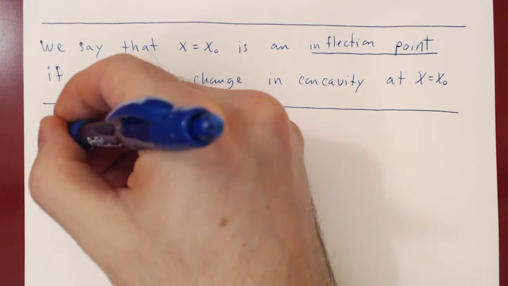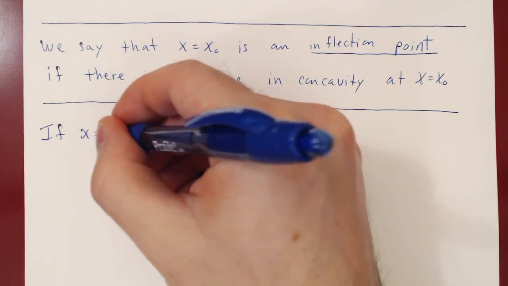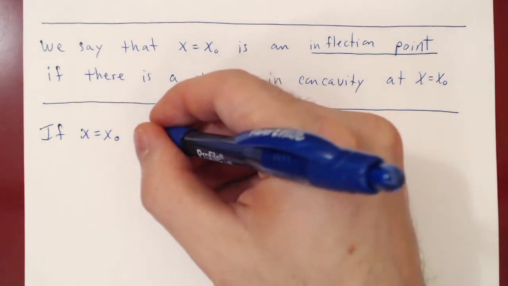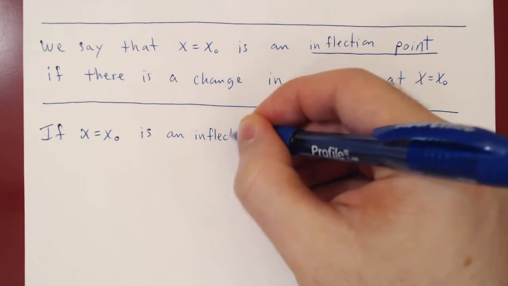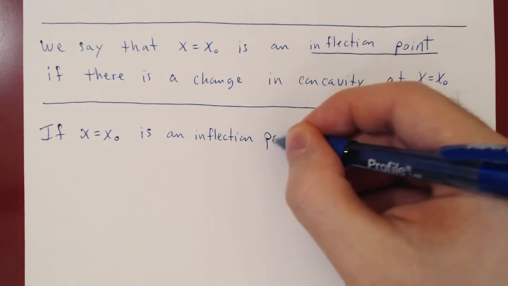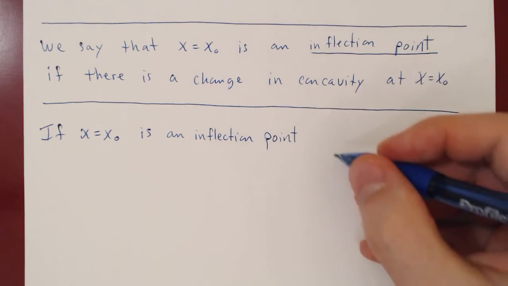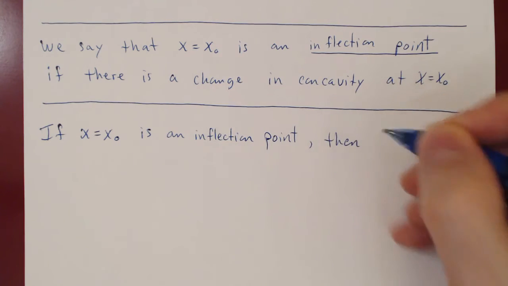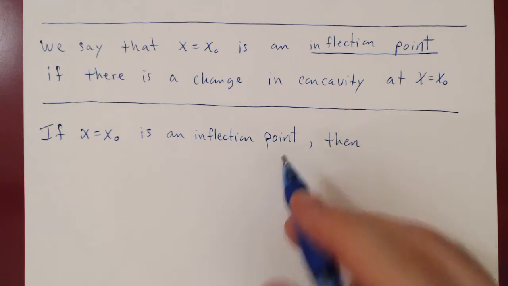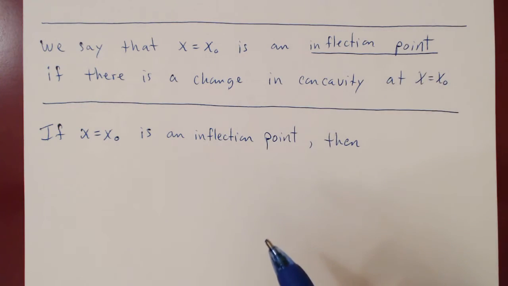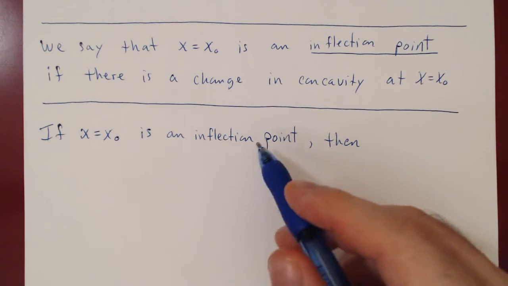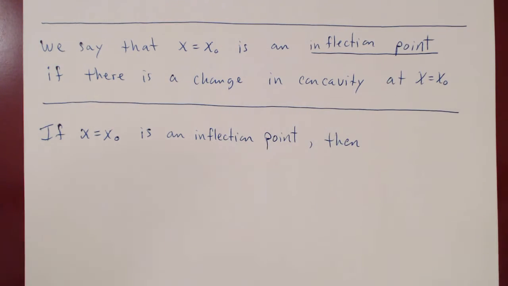So if x equals x0 is an inflection point, then the only way to have an inflection point, again, a point where concavity changes, concave up to concave down or the other way around, is for the second derivative to change sign.